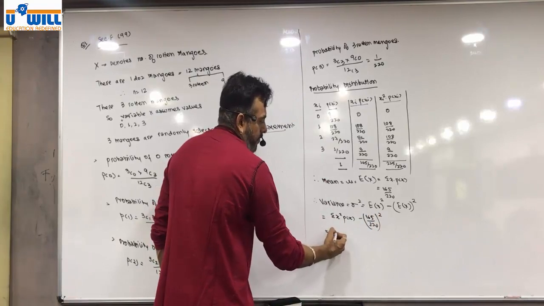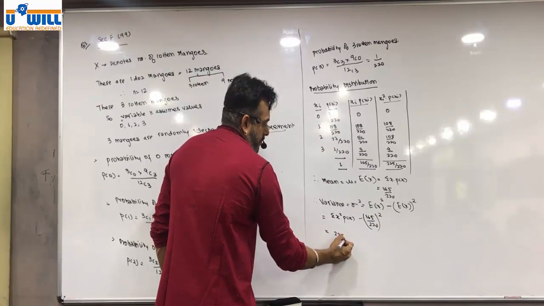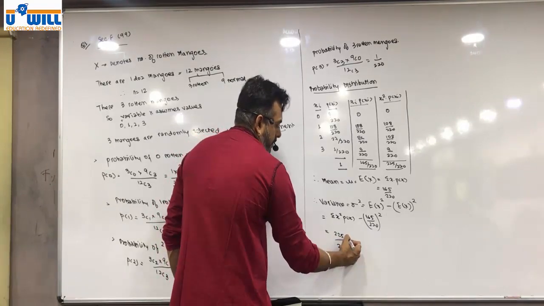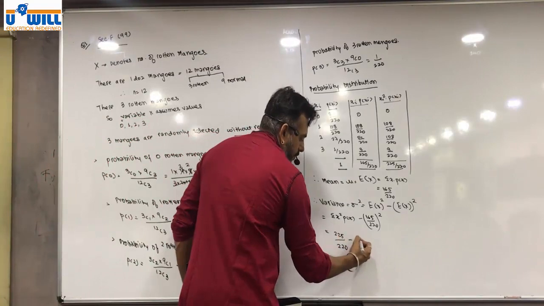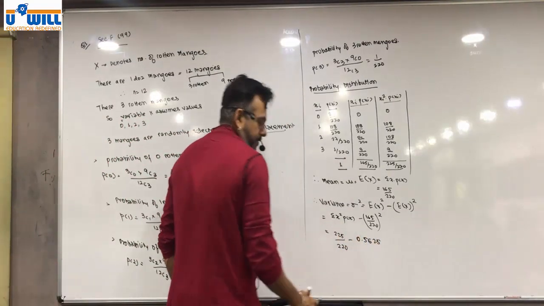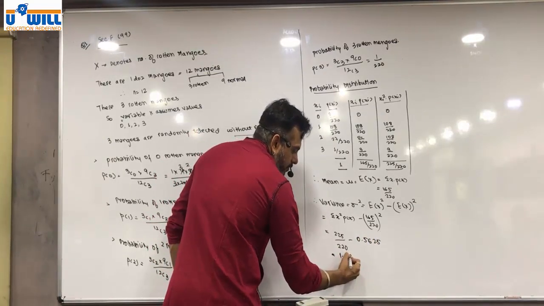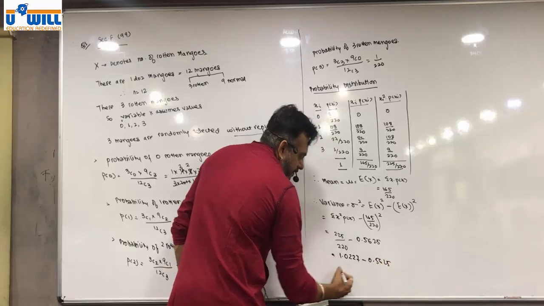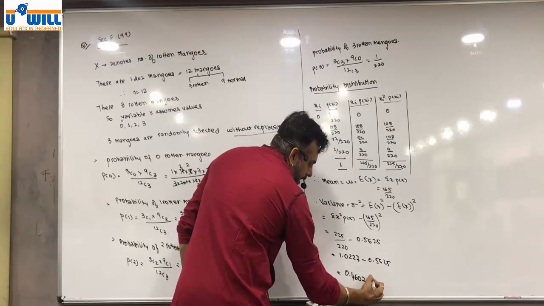That is equal to 225 by 220 minus how much is this, 0.5625, which is equal to 1.0227 minus 0.5625, which is equal to 0.4602. Answer.